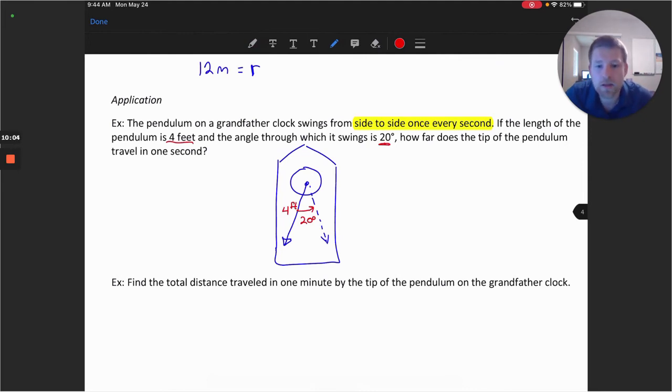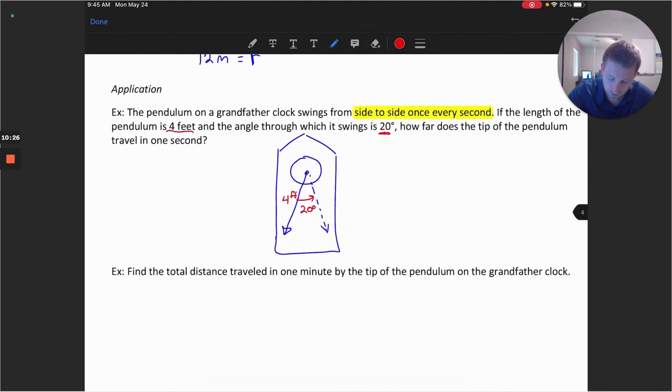And remember that from our statement above, the clock swings from side to side once every second. So from side to side goes from 1 second. So in other words, we're going left to right in 1 second, side to side. So this is really talking about the arc length that's traveled.